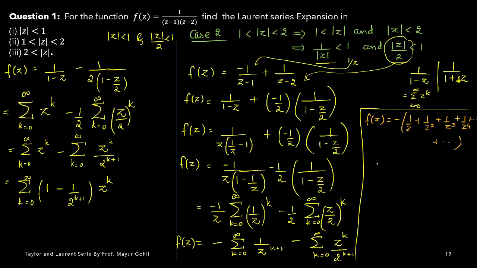Now in the minus part, the other part over here, we have k going from 0, right?